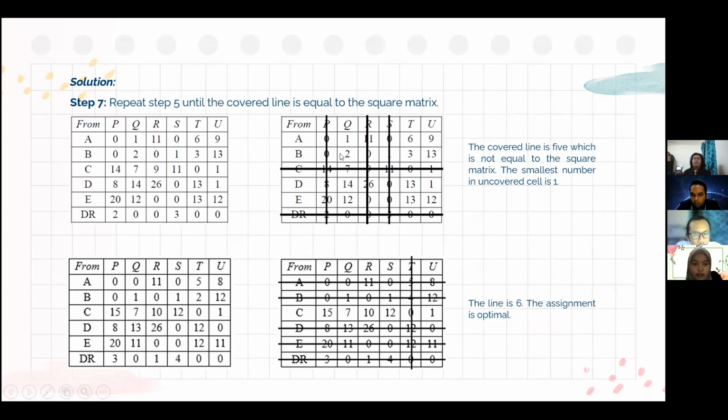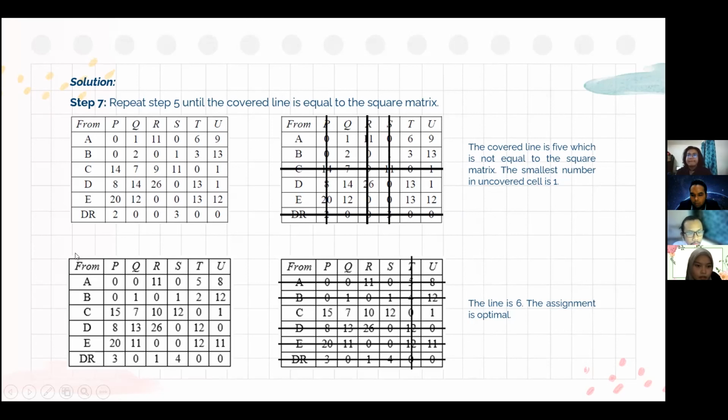And then after that, we cover the zeros with the minimum lines again. After we covered, we got only 5 lines. So we need to proceed to find the smallest number in the uncovered cells.